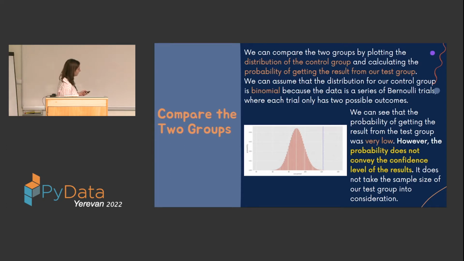This line here is the probability that the users from B could have been drawn from the distribution of A. As you can see, the line isn't here, so we don't have good confidence to say that it can be from distribution A. But this isn't enough to understand what is actually going on.